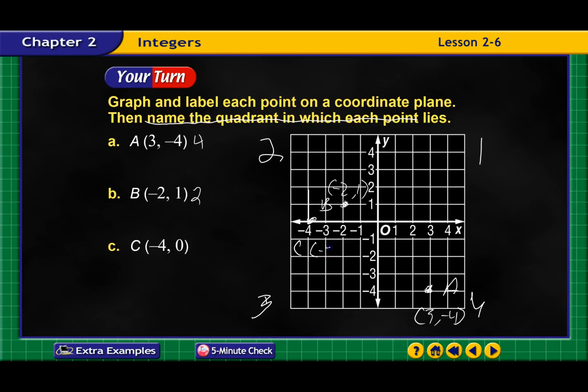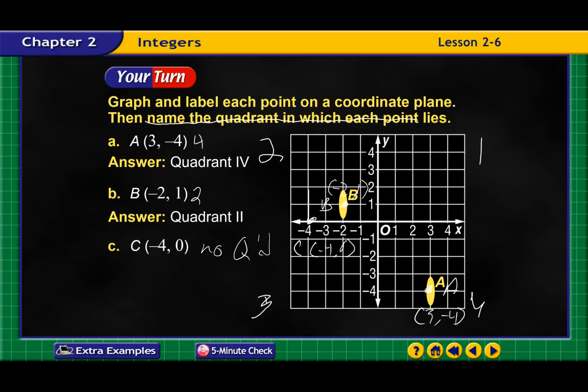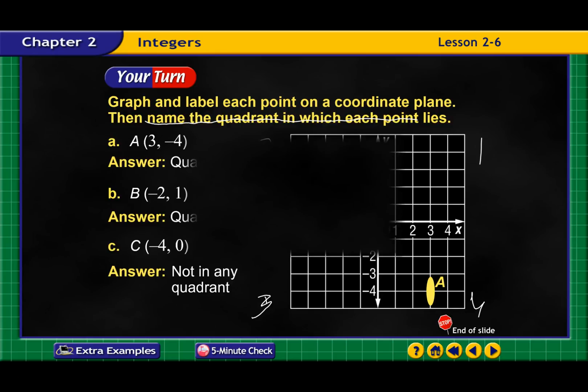C is going to be -4, 0, and that's in no quadrant. Nice way to abbreviate that there. All right, A, quadrant 4, B, quadrant 2, C, not in any quadrant.